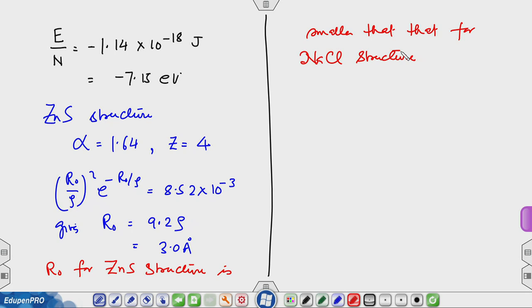In any case, you have gotten that, and therefore, the energy E by N for the zinc selenide structure comes out to be minus 1.12 times 10 raised to minus 18 joules, which is minus 7 eV.